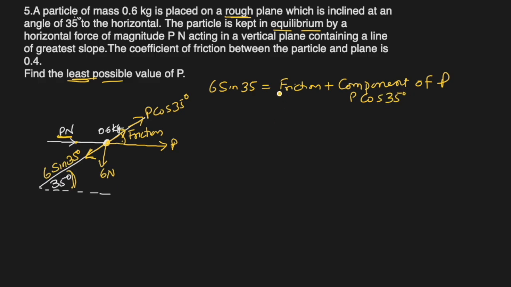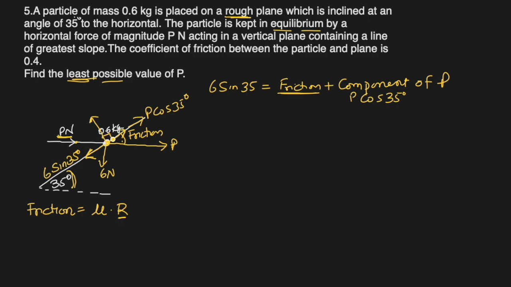Okay, now the challenge here is to find friction. Friction is the coefficient of friction mu times the normal contact force R. Not resistive force, actually the normal contact force. So the normal contact force is in this direction, which is 90 degrees. That's why it's called normal.